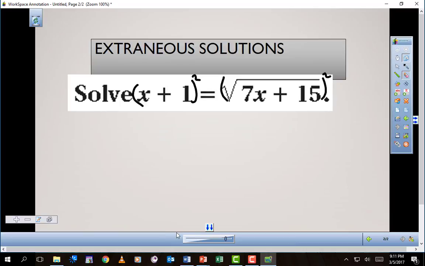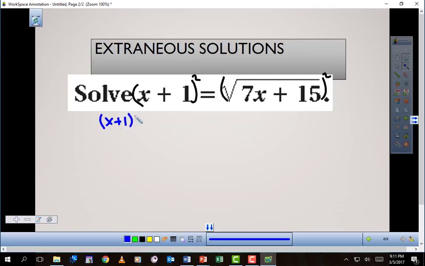So let's see what we should get. When you're squaring this, you should get x plus 1 times x plus 1. After all, that's what this exponent means. It's this expression multiplied by itself twice. Well, to multiply this out, we use the FOIL method.